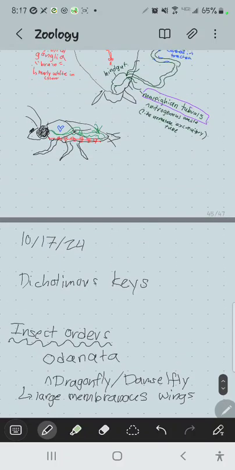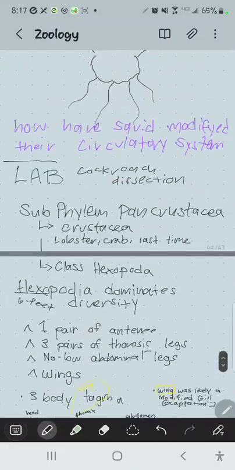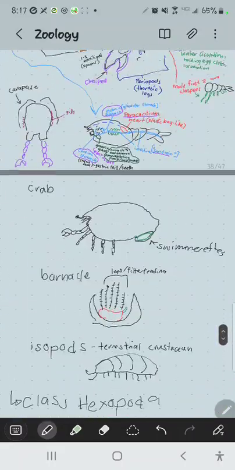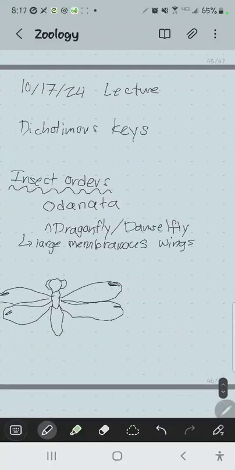His little clasper can't grab onto the neck of a different species of female, and her little sperm scooper can't retrieve the sperm if it's the wrong species of male. So they have this mechanical isolation so that they don't have any attempted hybridization between species. So we used them as an example before. But okay, so large membranous wings, meaning the wings are about as long as the body is.